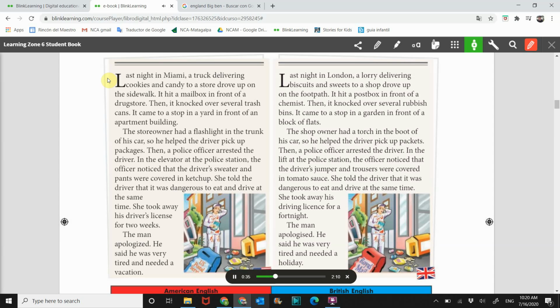The store owner had a flashlight in the trunk of his car, so he helped the driver pick up packages. Then a police officer arrested the driver. In the elevator at the police station, the officer noticed that the driver's sweater and pants were covered in ketchup. She told the driver that it was dangerous to eat and drive at the same time. She took away his driver's license for 2 weeks. The man apologized. He said he was very tired and needed a vacation.